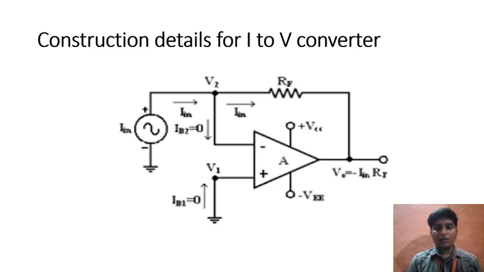This is the op-amp. Here IB1 is equal to 0, that is the ground, and IB2 we can take as 0, and IB1 we can take as 0. This is the input source, and this is the output source, and we can calculate the voltage at the output.